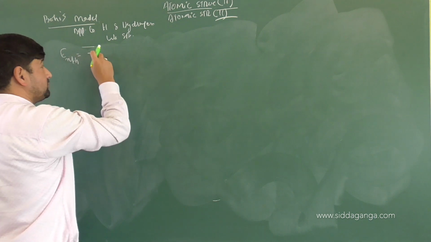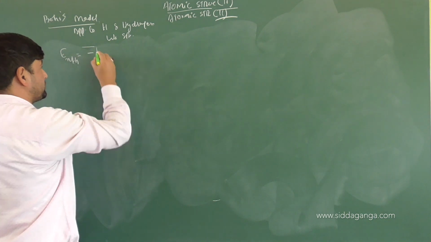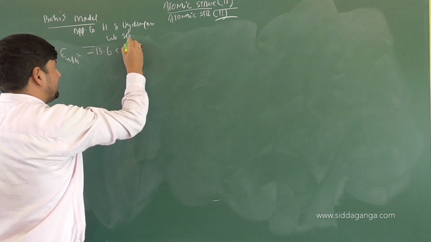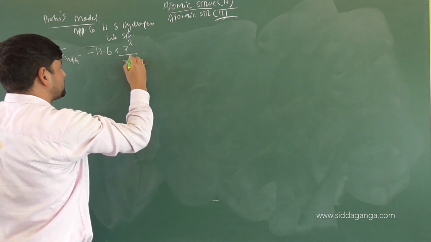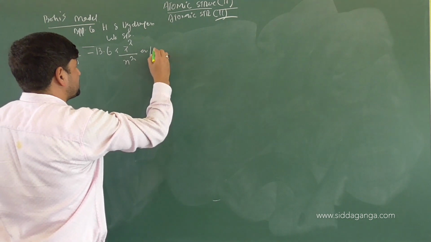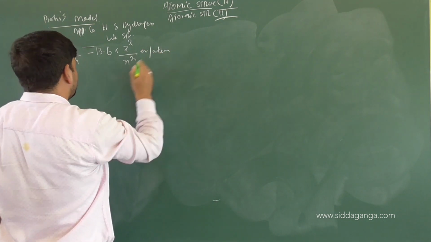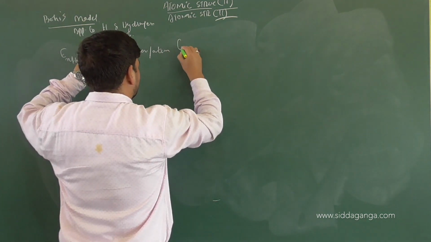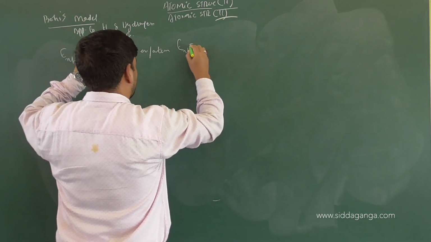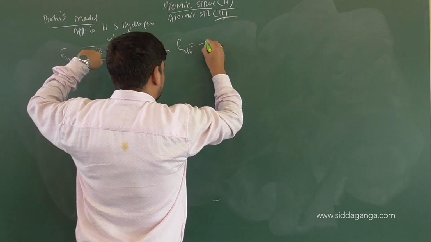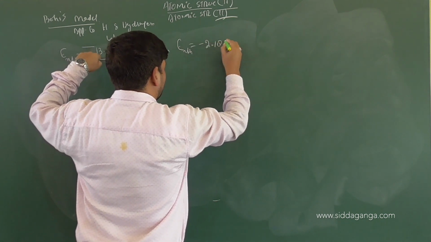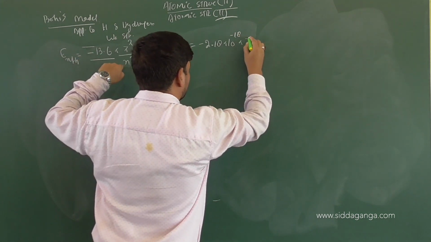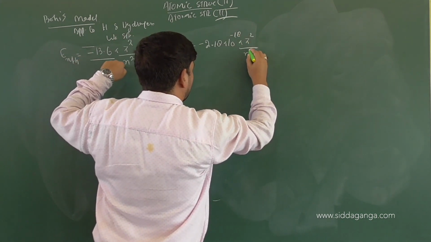Minus, this is what we are mostly using while solving questions, minus 13.6 into Z square by n square electron volts per atom. Instead of that, you can write the energy of nth orbital, nth shell of hydrogen atom equals to minus 2.18 into 10 to the power minus 18 into Z square by n square.